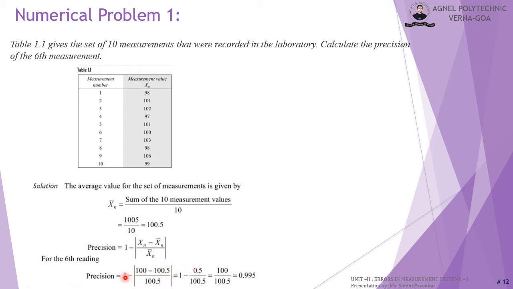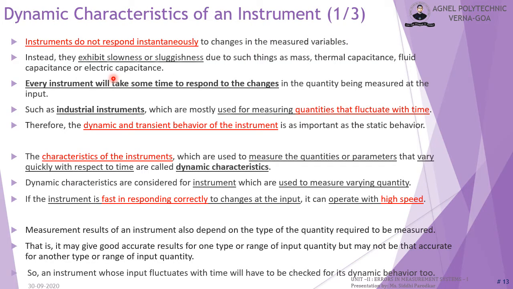So we get 1 minus 0.5 upon 100.5. After solving this, the final answer is 0.995. So the precision of the sixth measurement is equal to 0.995. So far we have finished studying the static characteristics of an instrument.